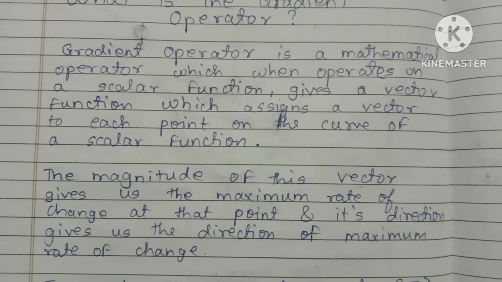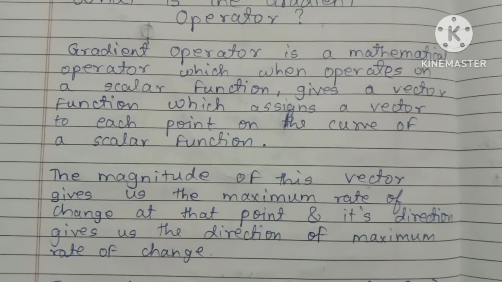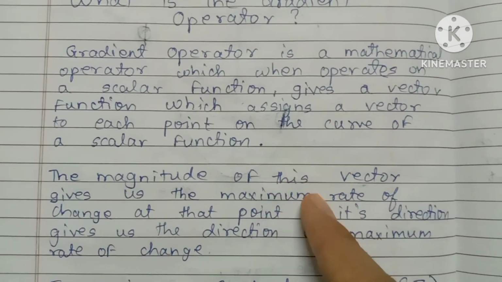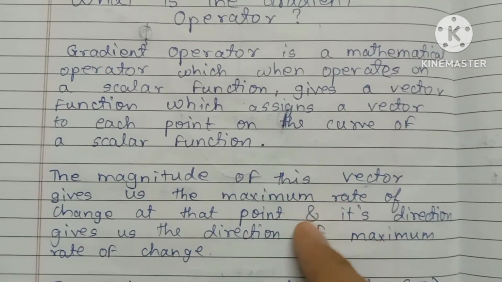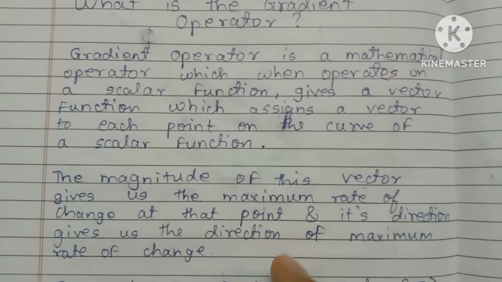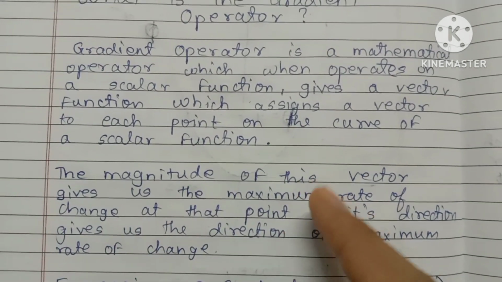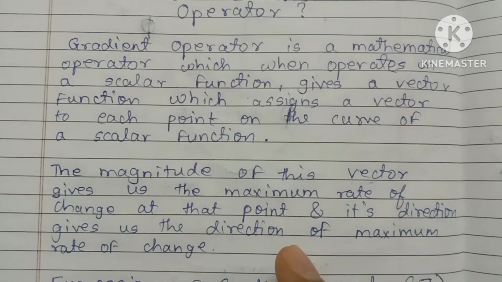So the derivative changes as we move around that point. This vector will always point in the direction where there is maximum rate of change, and its magnitude will give the maximum rate of change at that point.